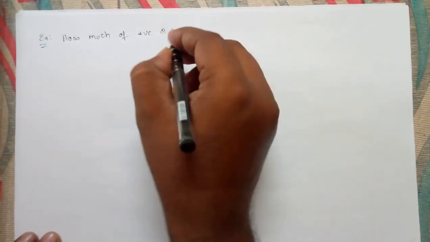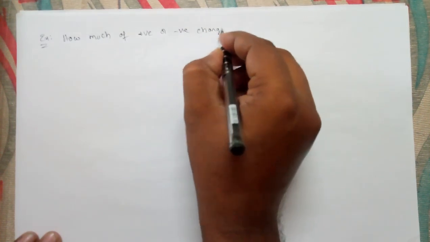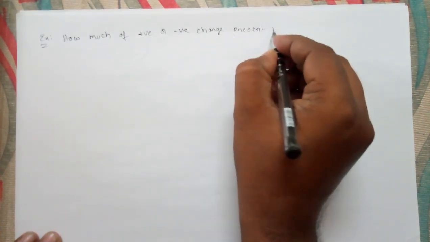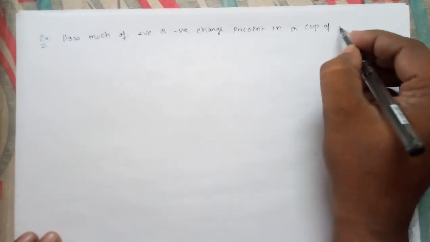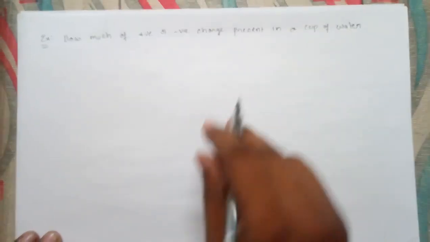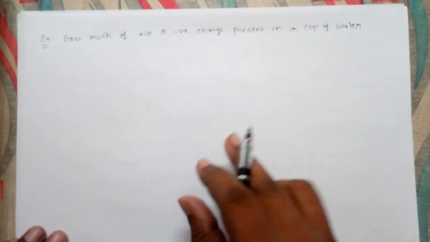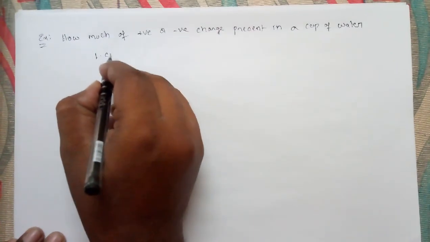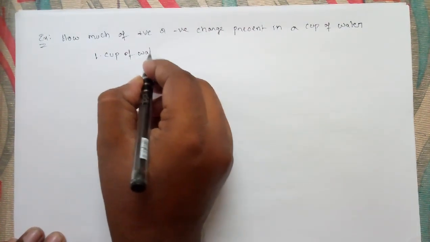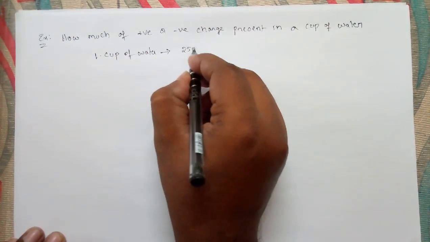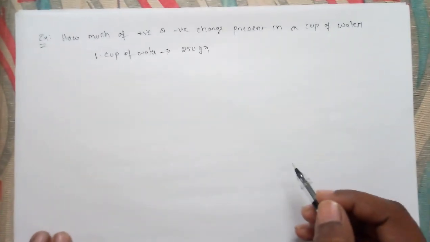Generally, one cup of water is nothing but 250 grams, almost 250 ml.